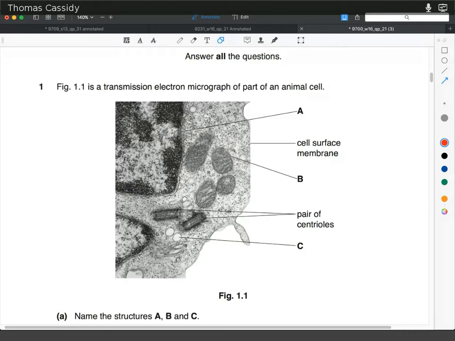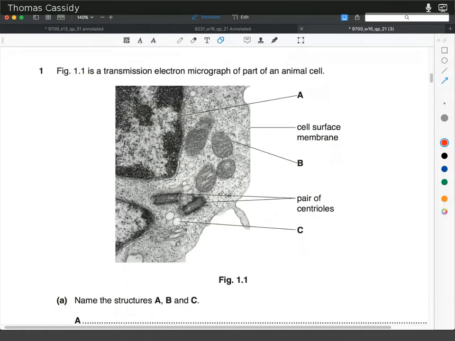You can see all the bits floating around, which is a hint to say that this is a lysosome or a vesicle. It's a small container full of proteins and other things that the cell has made that it's going to be traveling towards. You can see one here, moving towards the cell membrane, where it will leave the cell and empty its contents to wherever it needs to go. So yeah, that's A, B, and C. Okay with that?